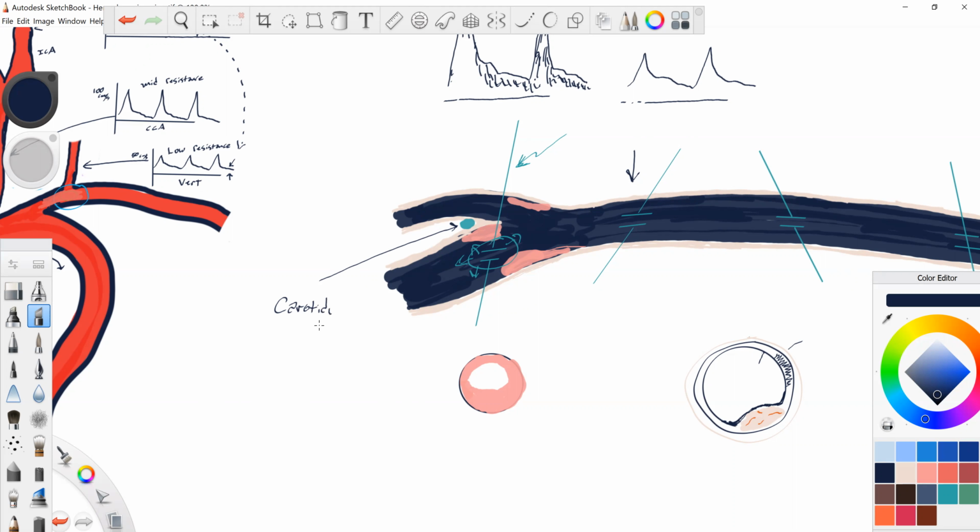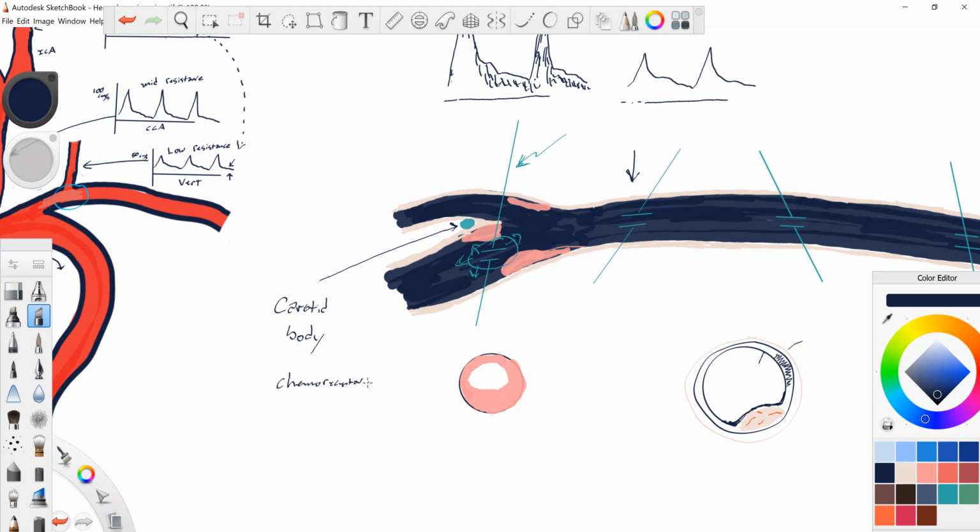Carotid with a Y. Well, that should give you a hint. The next word ends in a DY. Carotid body. This structure is a chemoreceptor.